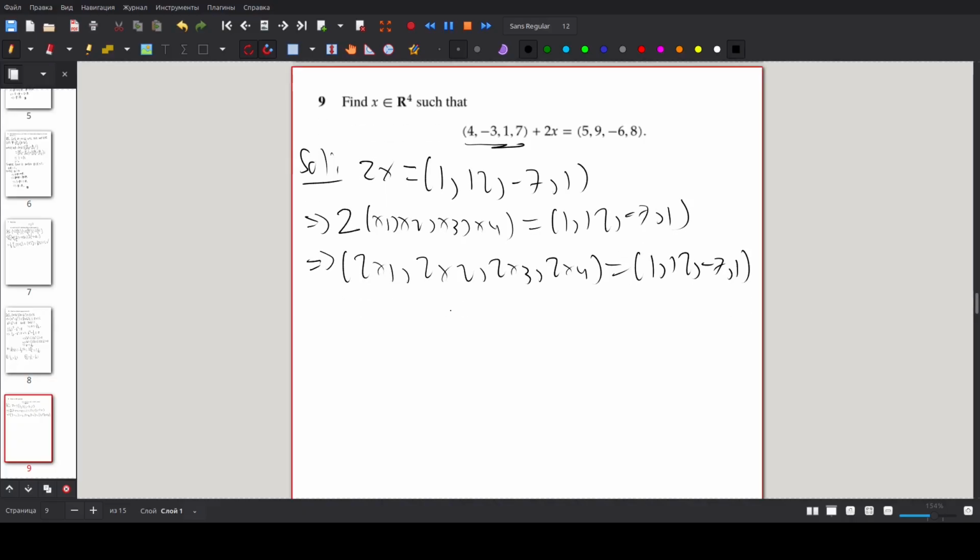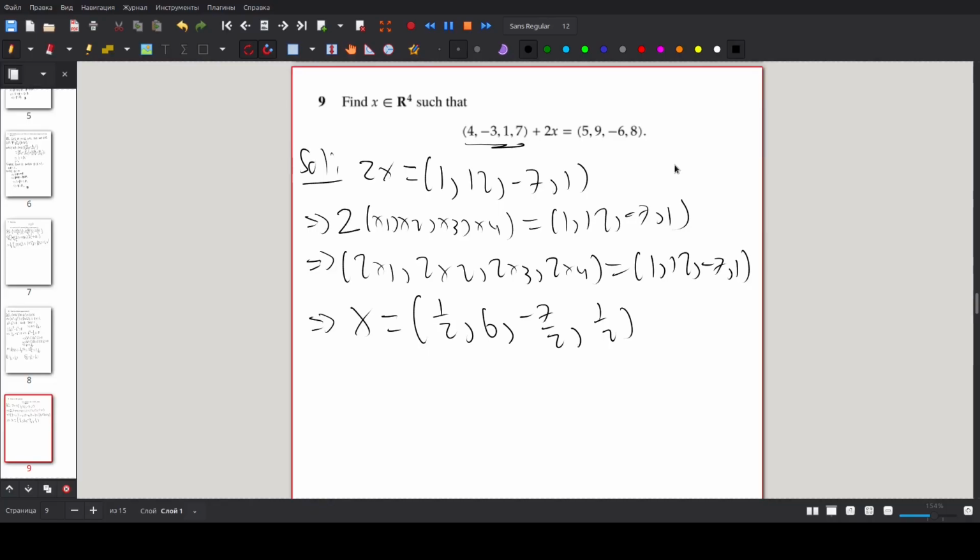And then basically, you just match these things up. So our list is going to have to be 1/2, 6, negative 7/2, and 1/2. So all we're doing is dividing each of these things by 2, right? All right, well, that was pretty easy.